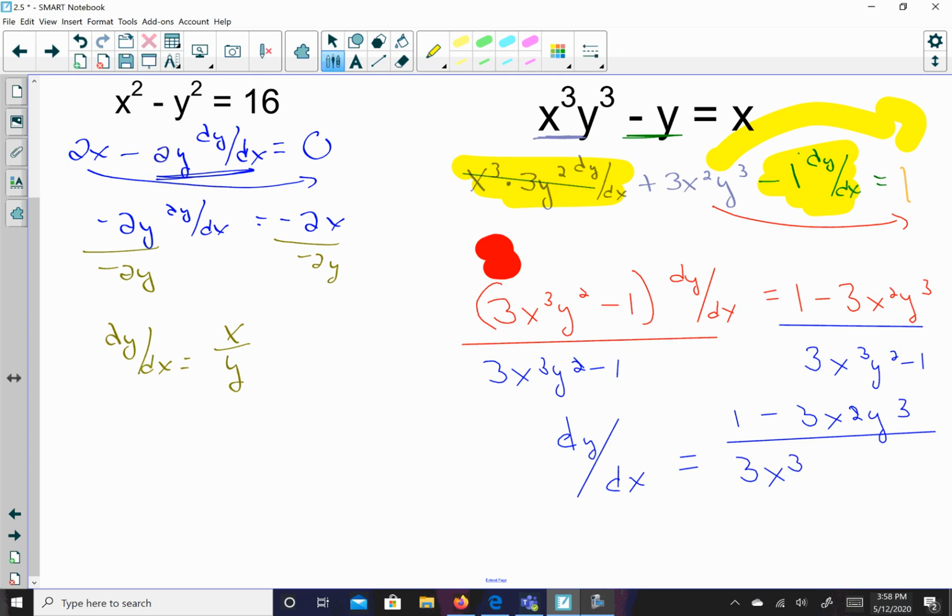And I cannot simplify anything because they're not like terms. So I'm just going to leave it like that. So my derivative of y in terms of x is equal to all that.